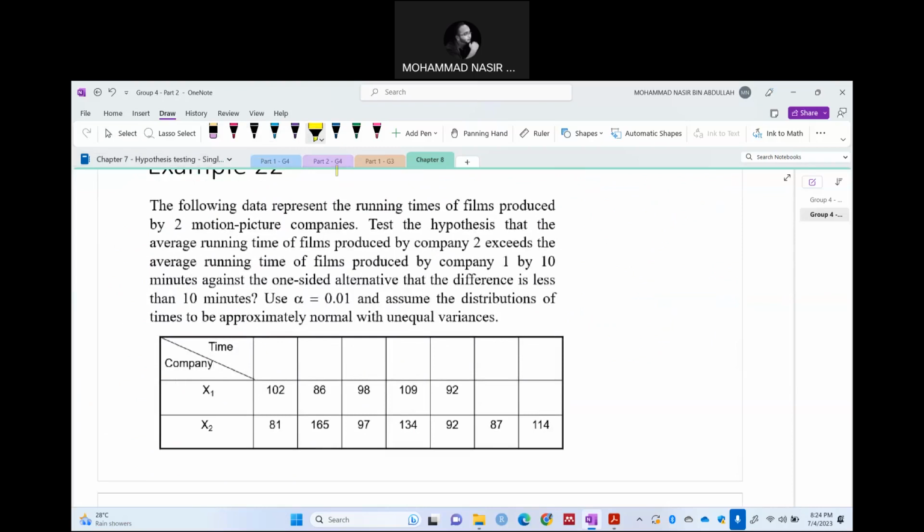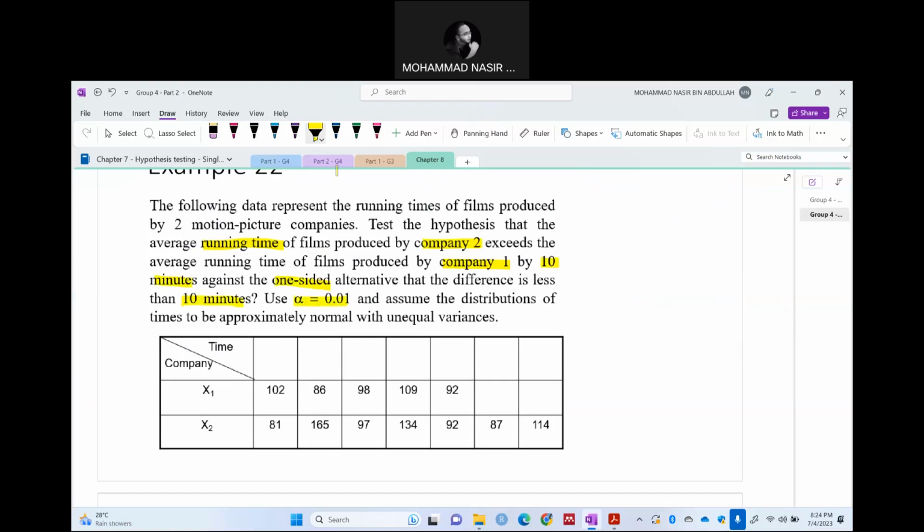So what does it say here? Test the hypothesis that the average running time of films produced by company 2 exceeds the average running time produced by company 1 by 10 minutes, against the one-sided alternative that the difference is less than 10 minutes.